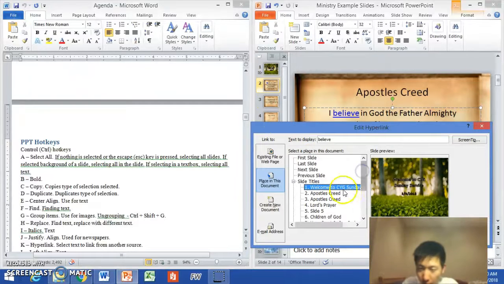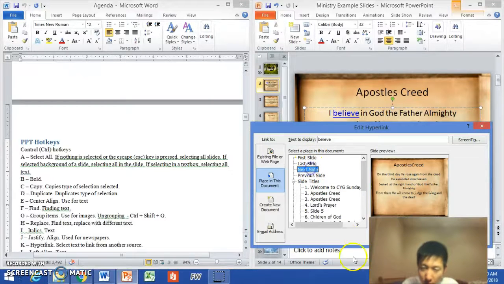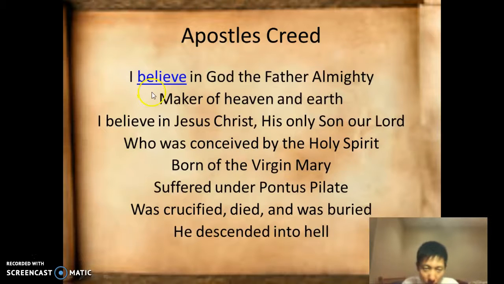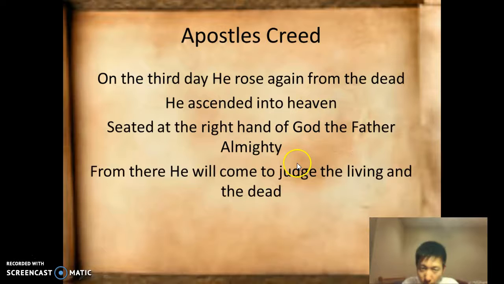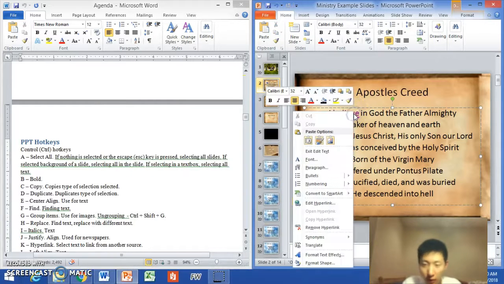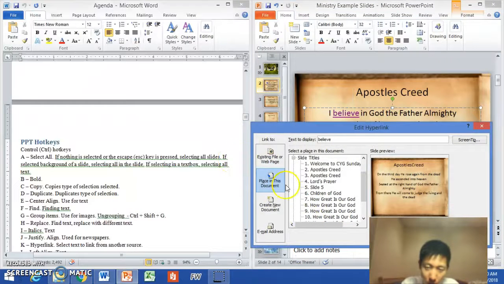Now, there's also selections here: first, last slide, next, previous. Let's say I go to the next slide, and I press OK. Go on presentation mode, and I click on that. It'll take me to the next slide, which is exactly what I wanted the hyperlink to do.